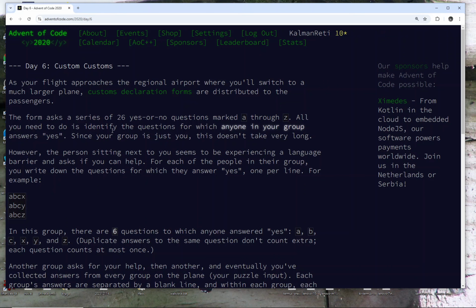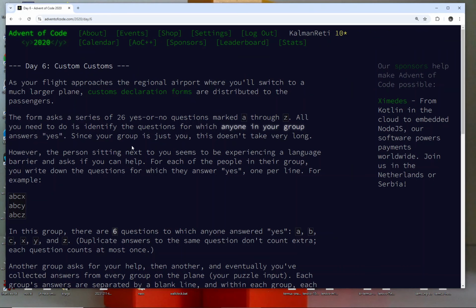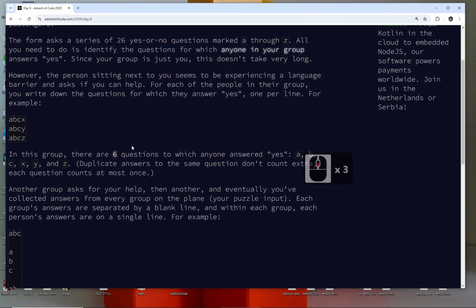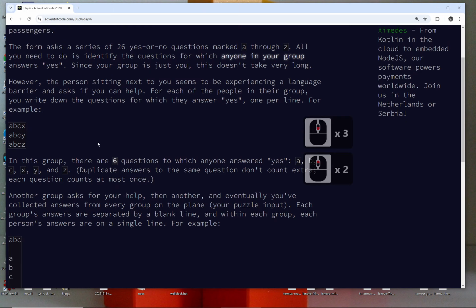As your flight approaches, the regional airport has a customs declaration form that's given to the passengers. But you have no problem answering yes. But the person sitting next to you has a language barrier and asks if you can help. So there's groups of people.